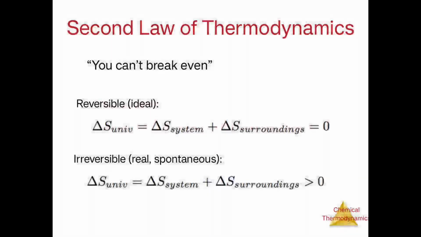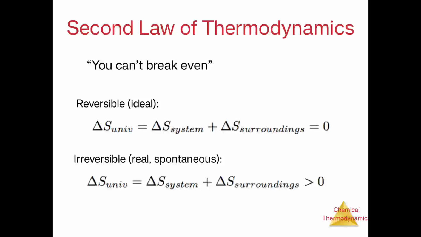The mathematical way to express the second law of thermodynamics is this one. For a reversible process, particularly an ideal process, the change in the entropy of the universe is zero. That's what the statement says very clearly. You cannot change it and you cannot break it.